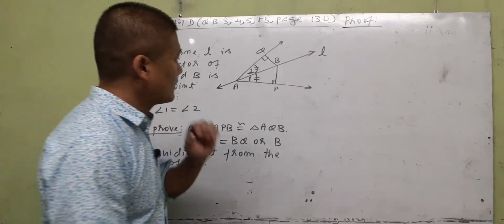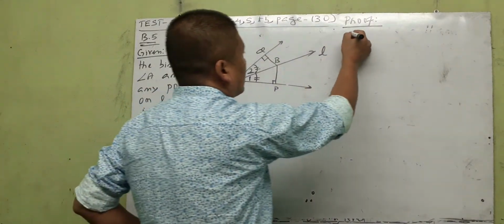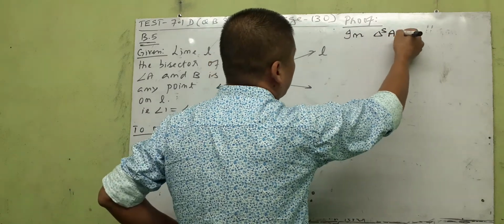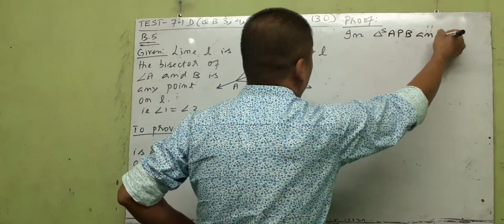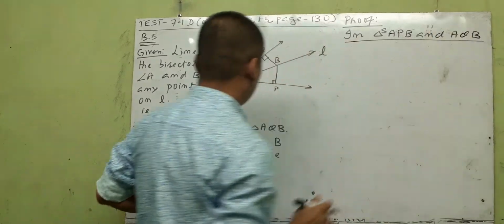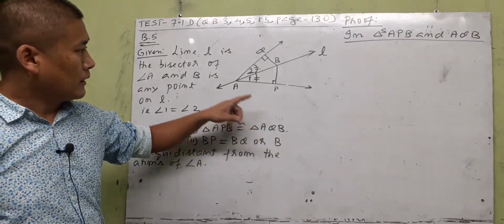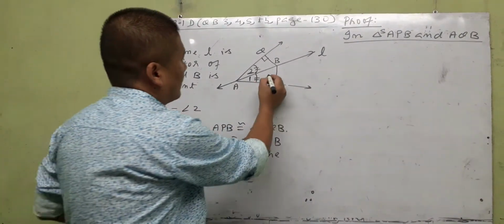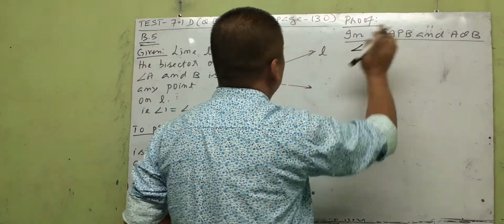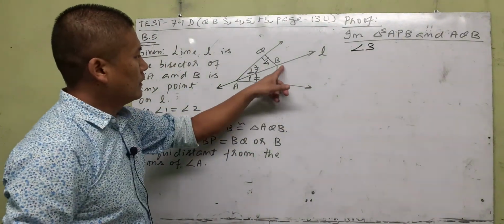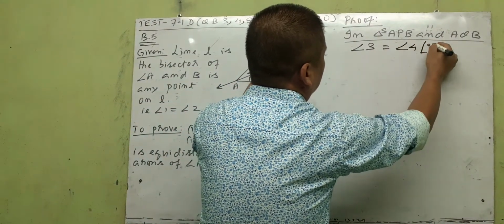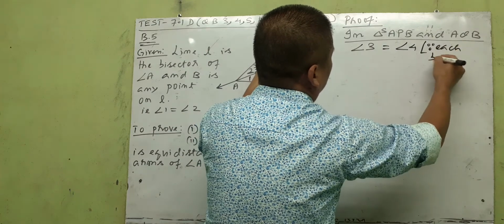So let's start with the first one directly. In triangles APB and AQB, which we are trying to prove are congruent, let us start here. Put here 3 and here 4, these perpendicular ones. Angle 3 inside APB and 4 inside AQB are equal because we can see clearly they are 90 degrees each.